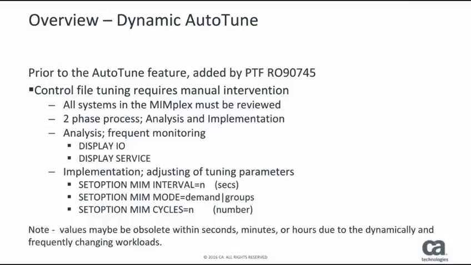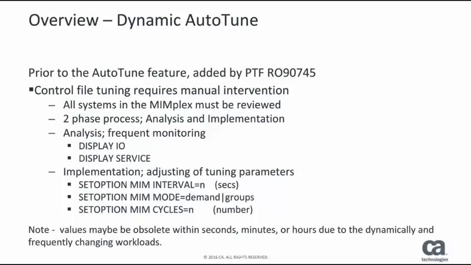Prior to the Dynamic AutoTune feature being added by RO90745, this was a manual process that involved two phases: analysis and implementation. The analysis phase consists of issuing the display I/O and the display service commands on all systems in your MIMplex and examining the communication method used, control file cycle rates, and transactions processing data for each system.